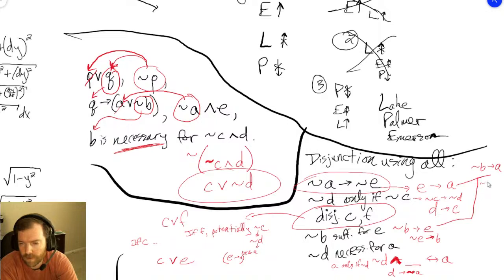In theory, it could mean that, well, no, not D and something else can imply A. Then we don't know what that other thing is.